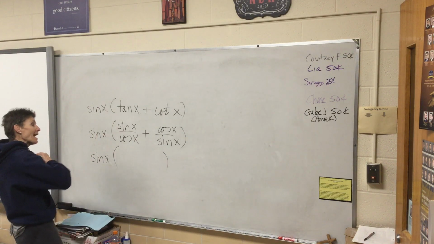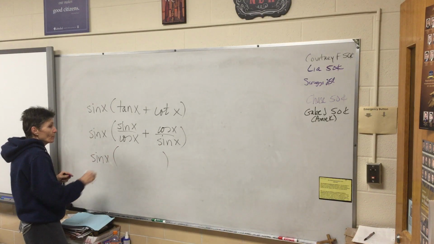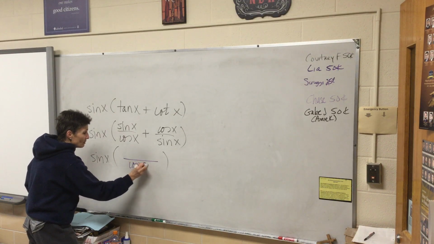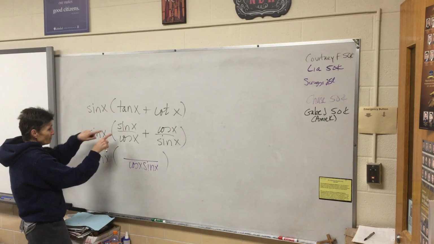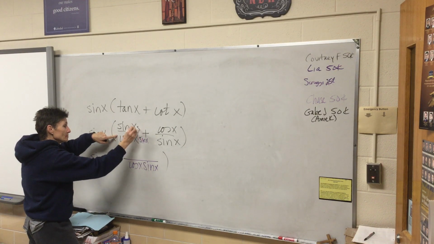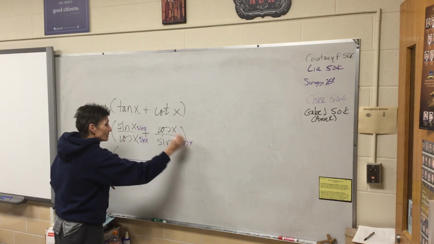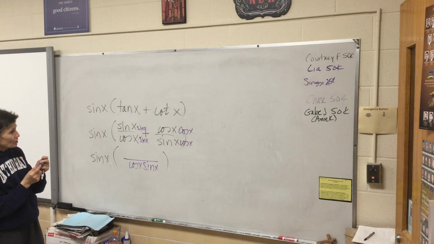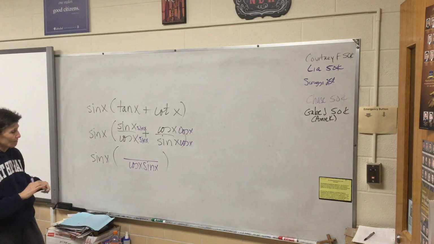In order to make the denominator the same, and the denominator will be cosine sine, I'll need to multiply this one by a sine, and this one by a cosine. I'm just getting a common denominator so that I can add these two fractions together.